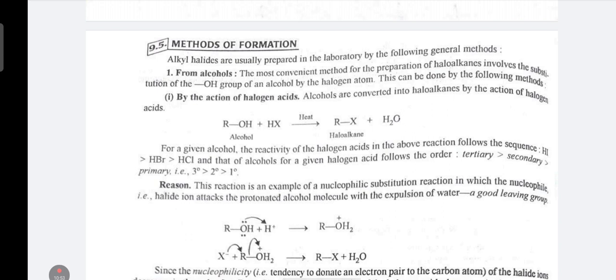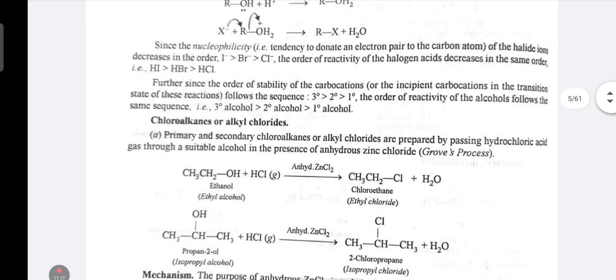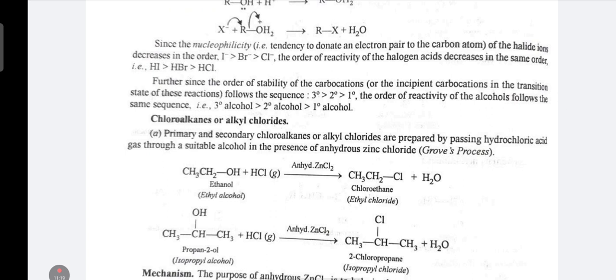Reason: the reaction is an example of a nucleophilic substitution reaction in which the nucleophile, that is the halide ion, attacks the protonated alcohol molecule, with the expulsion of water, a good leaving group. Since the nucleophilicity, the tendency to donate an electron pair to the carbon atom, of the halide ions decreases in the order I > Br > Cl, the reactivity of the halogen acids decreases in the same order.